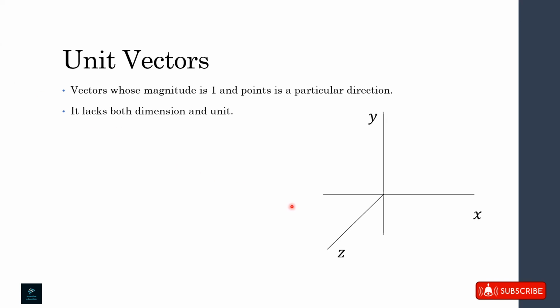The unit vectors in x, y, and z directions can be written as i hat, j hat, and k hat respectively. A vector can now therefore be written in terms of its components and unit vectors as A vector equal to Ax times i hat plus Ay times j hat plus Az times k hat.